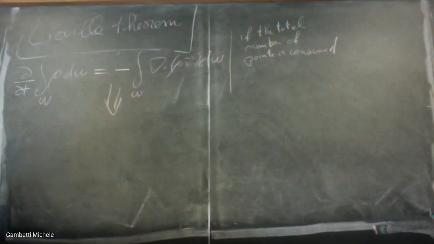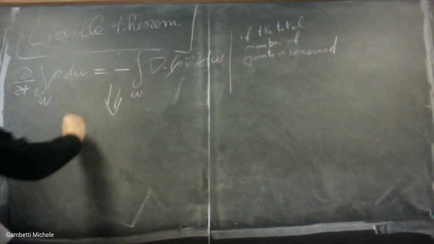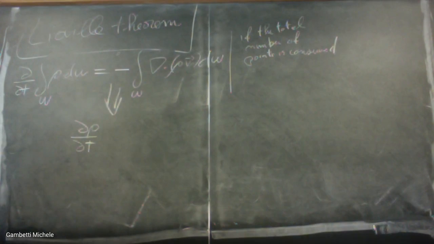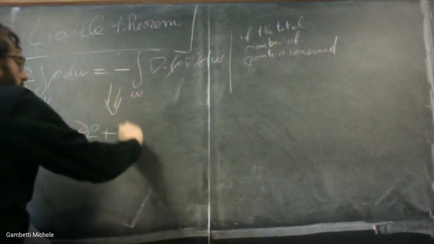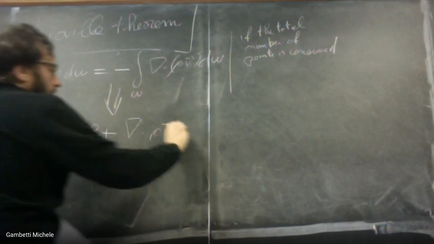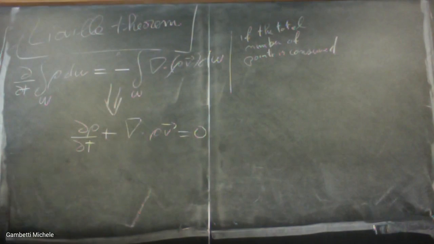Now, of course, this can be written in terms of a differential equation, which is the standard continuity equation, which tells that the time derivative of rho plus the divergence of rho v is equal to 0. Okay?